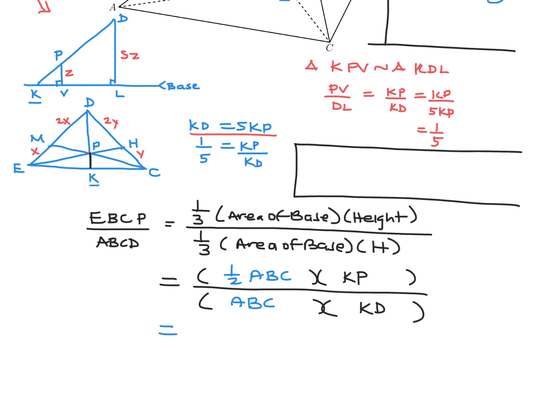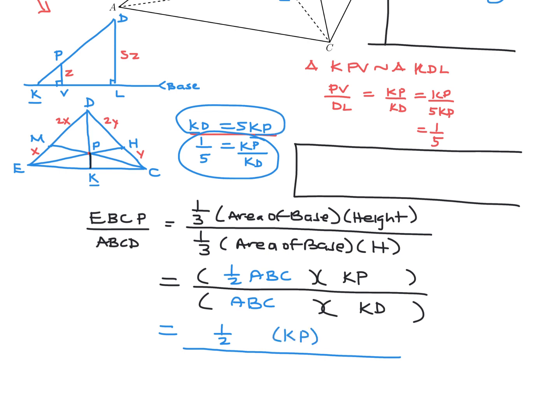You got it? So the ABC's cancel, you're just left with a half. And then KP over KD, well, we have that ratio right here, that KD is 5 KP. So if we have KP here, KD is 5 KP. So then therefore this just reduces to 1/2 over 5, which is 1/2 times 1 over 5, which is 1 over 10. So 1 over 10 is the answer.